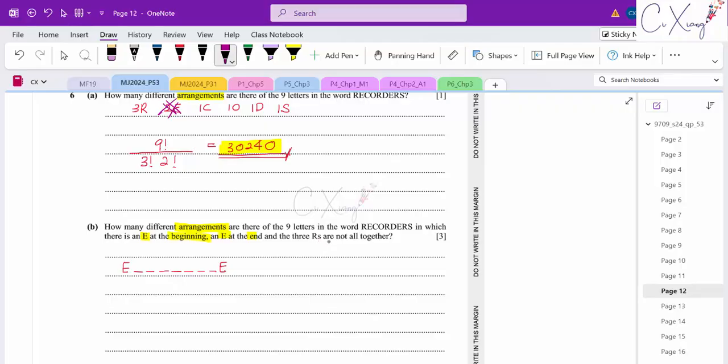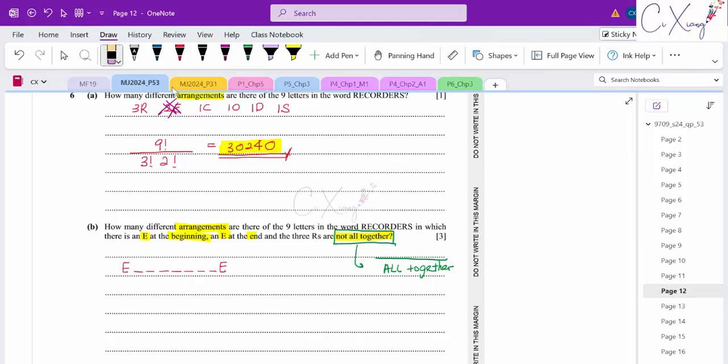Now they said the 3 R's are not all together. Highlight the keyword not all together. The meaning of not all together is that you assume they are all together and take the opposite. So not all together means the complement of all together. Remember that. The opposite event of all together means not all together.